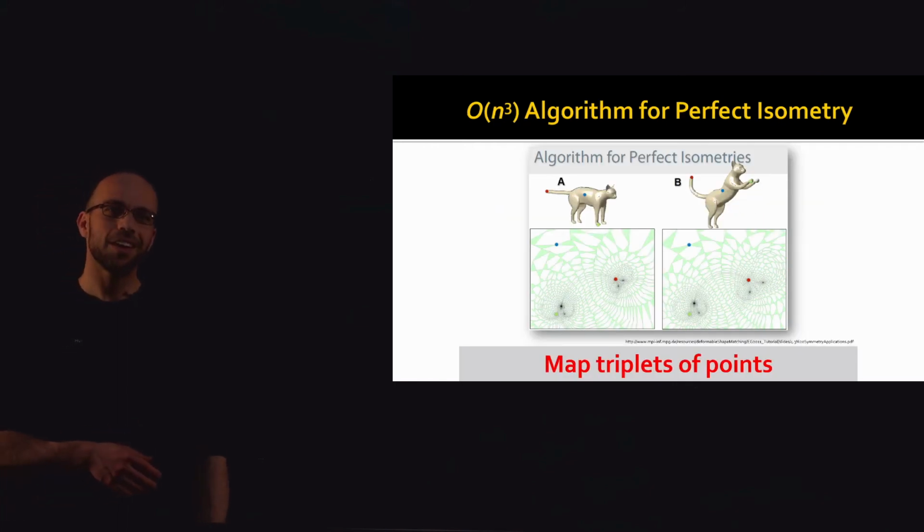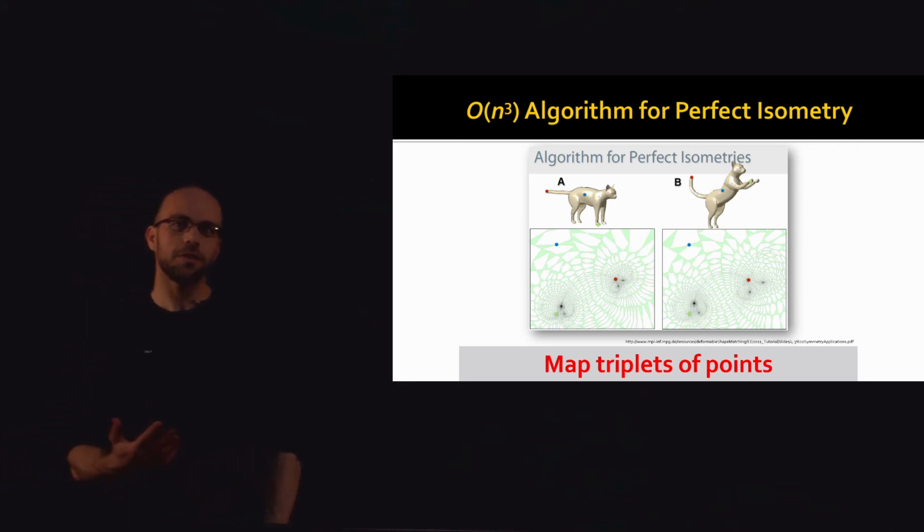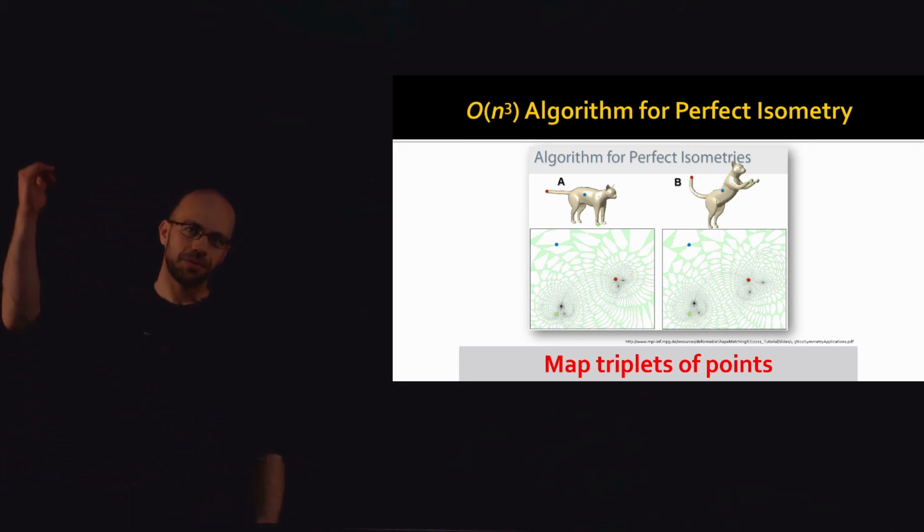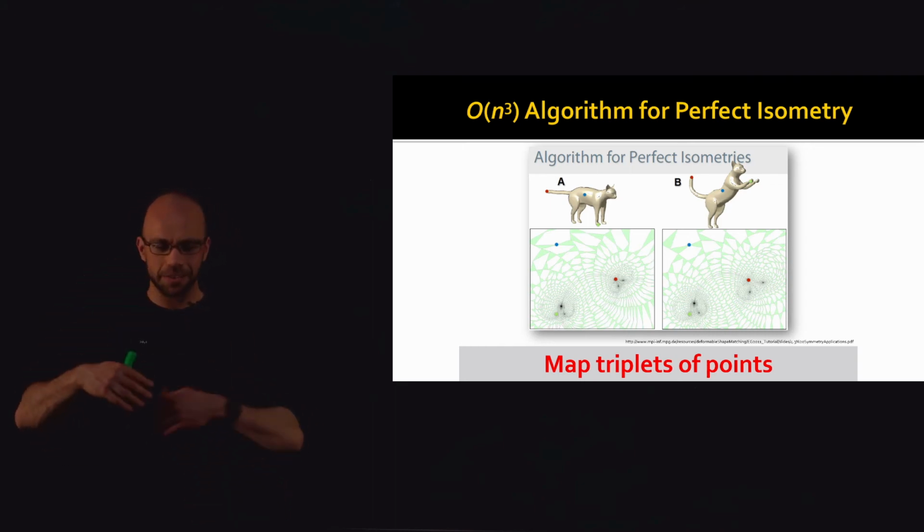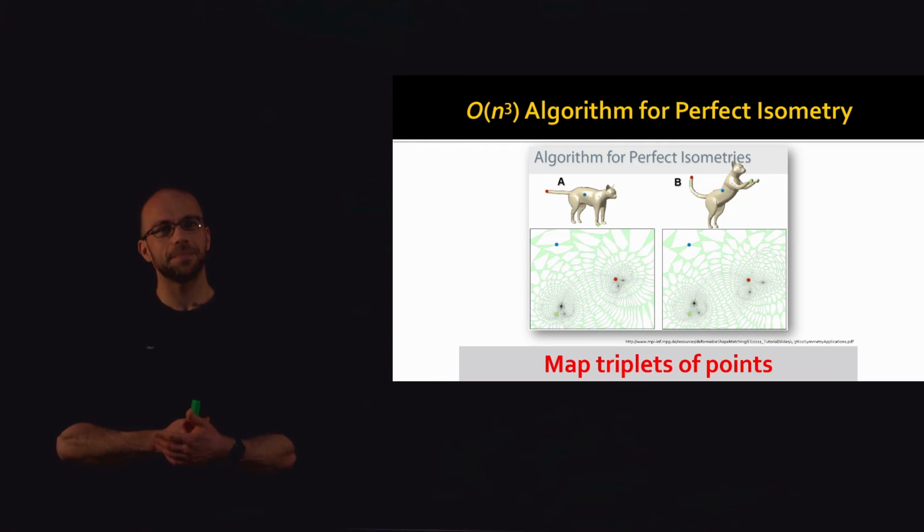So here's the kind of cool thing. Unlike composing low distortion maps, where I might have two low distortion maps through an intermediate domain that compose to a high distortion map, it turns out that if I compose two conformal maps, I get another conformal map.